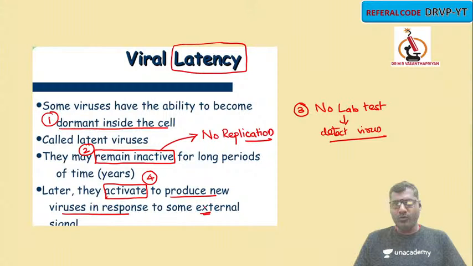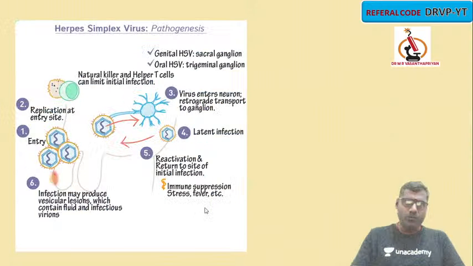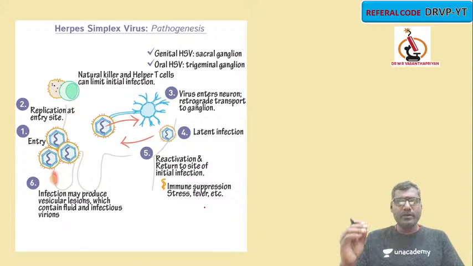So these are the four criteria for the assessment of viral latency. Now what are the examples to be taken? That will be very important. We give some examples of viruses that have latency. The classical example is the herpes family.